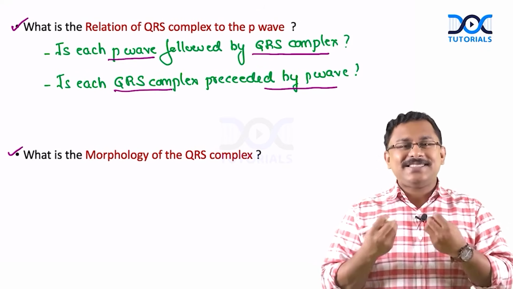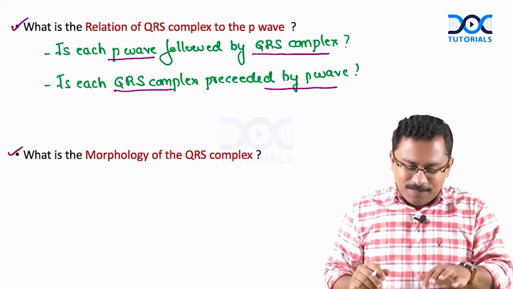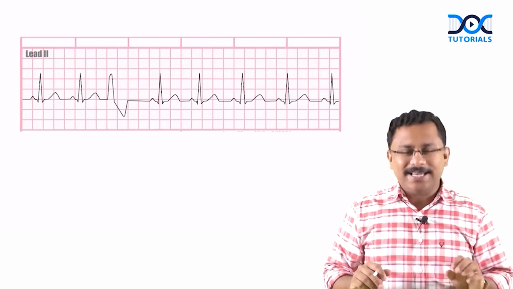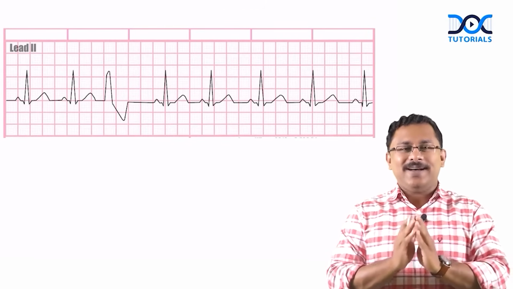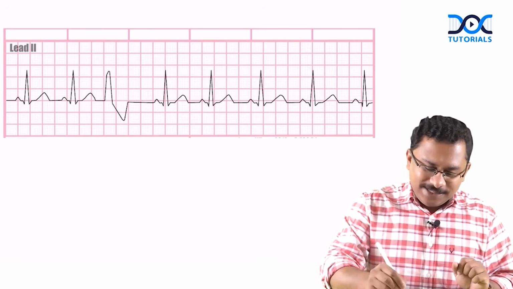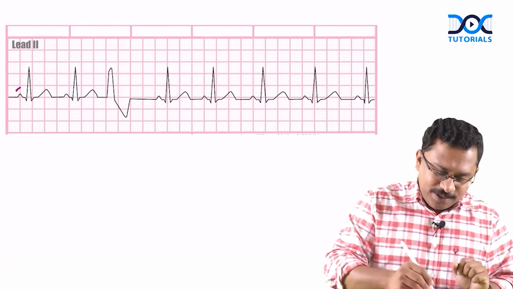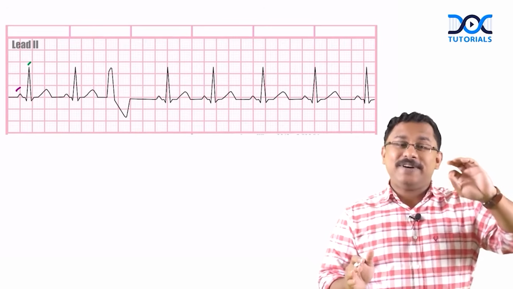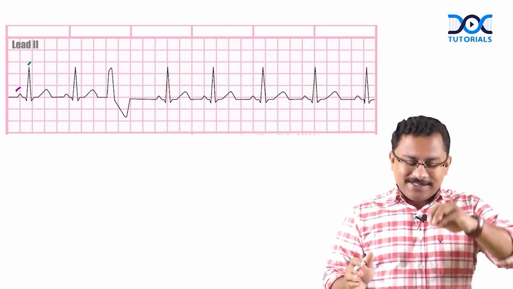Now what's the relevance of that question? And again, let me show you another ECG example. So look at this example. Another ECG strip is given. Here also you have an abnormality. And what is the abnormality? So initial part you can see P wave, QRS. If you answer the first sub-question, is each P wave followed by QRS? Let's try answering that.